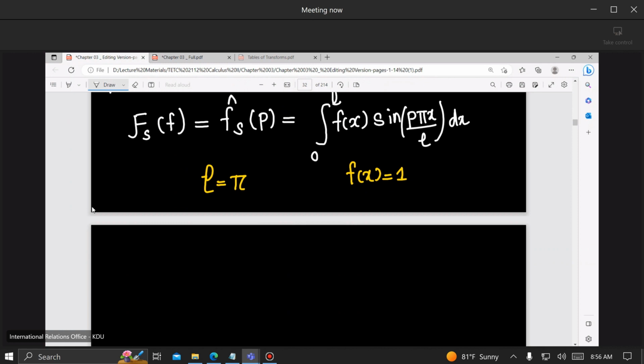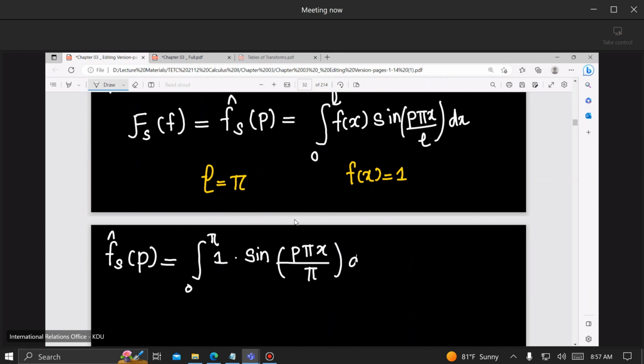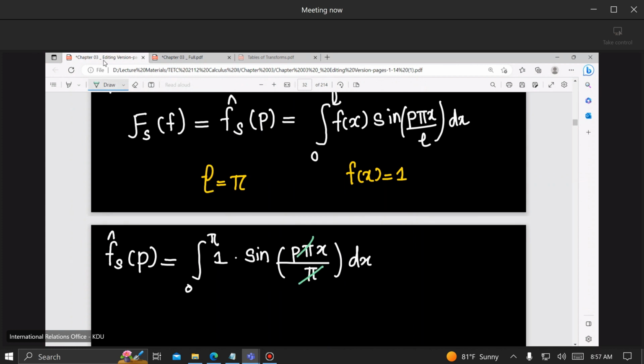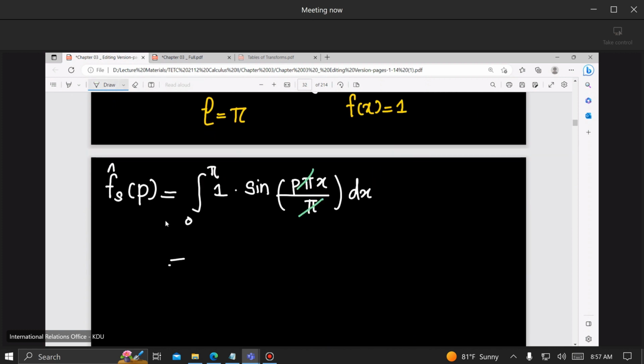F hat S of p is equal to the integration from 0 to phi of 1 times sin p phi x over our L, which is again phi, dx. The phi and phi cancel out, so the remaining is the integration from 0 to phi of sin px dx.